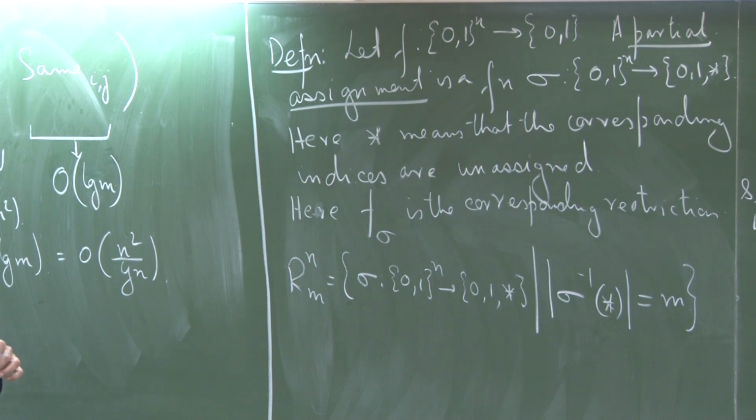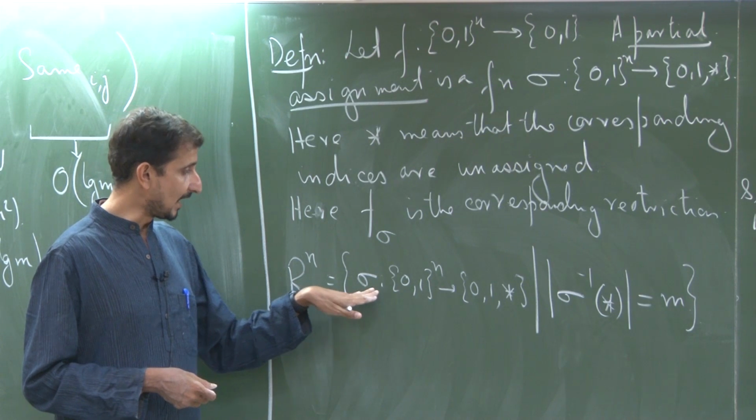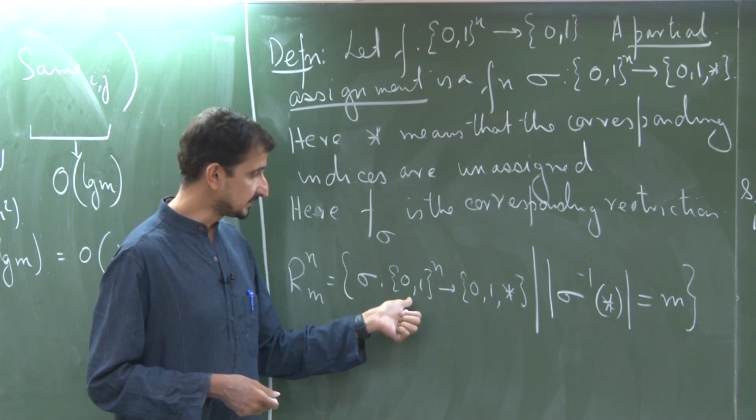When I say {0,1}^n, aren't there 2 to the power n combinations? No. Let us say I have one sigma, a function from this to this.